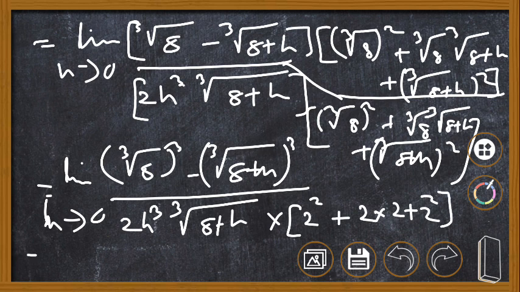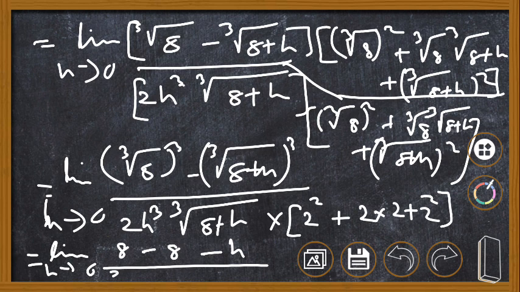So, look at this, limit h tends to 0, cube root of 8 and cube is taken, so 8 minus 8 plus h, and what will be left is 2h multiplied by cube root of 8, again 2, multiplied by 2 square is 4, plus 4 plus 4, will give you 12.